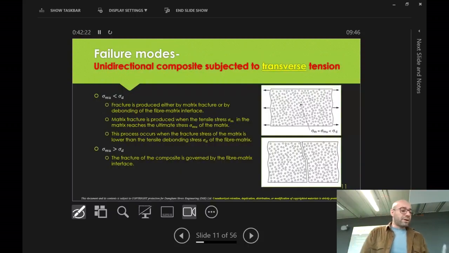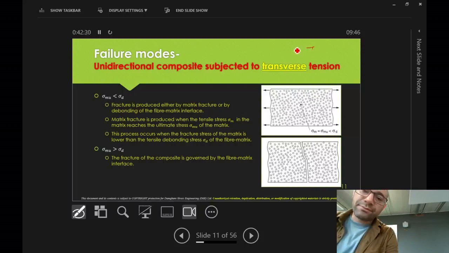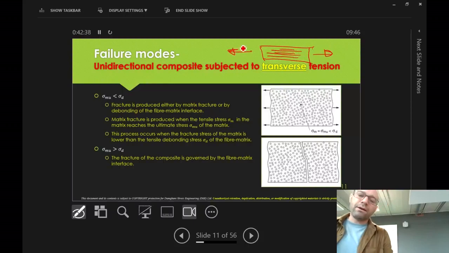All of that we explained was the fracture when the load is applied in the direction of the fiber. So if you had your fibers, let's say this is your composite plate, running in the direction of the loading, these are the fibers, and this is the loading direction. What if the load is applied that way, transverse to the direction of the fibers, or the fibers are aligned 90 degrees to the loading direction?